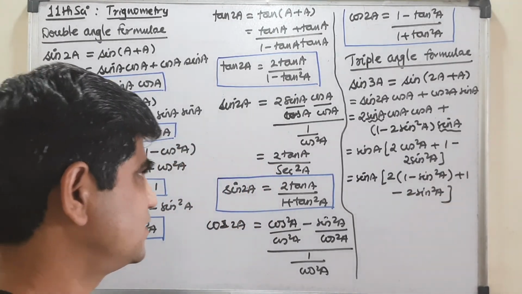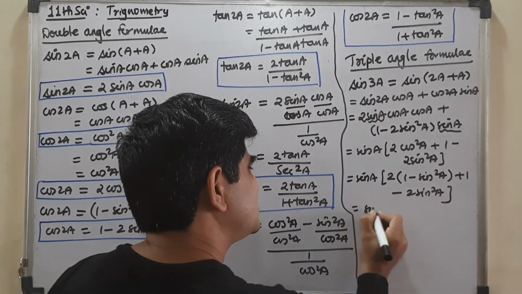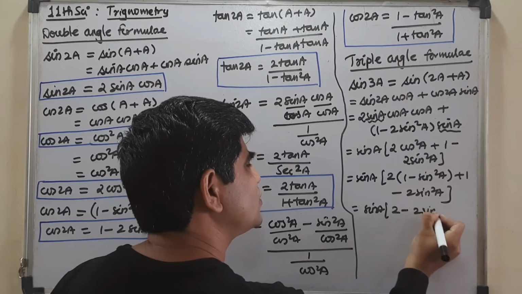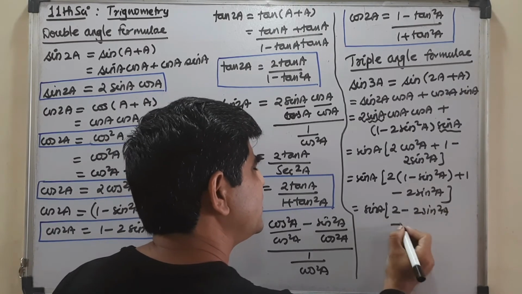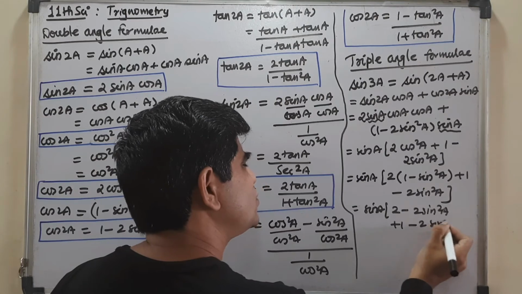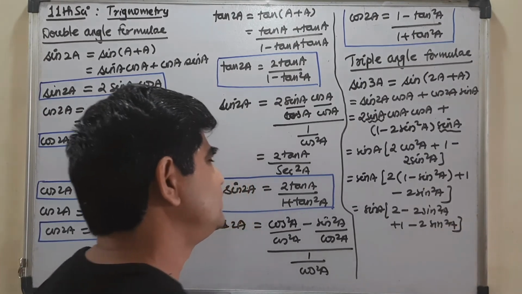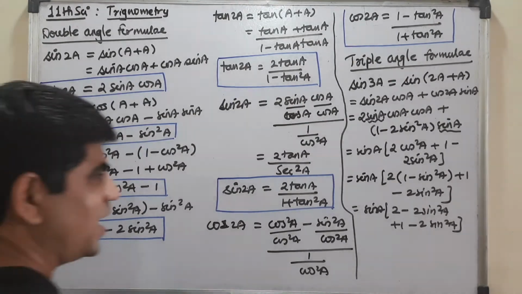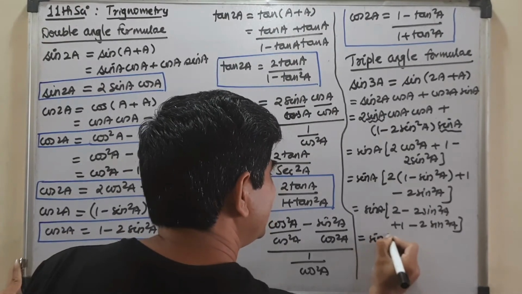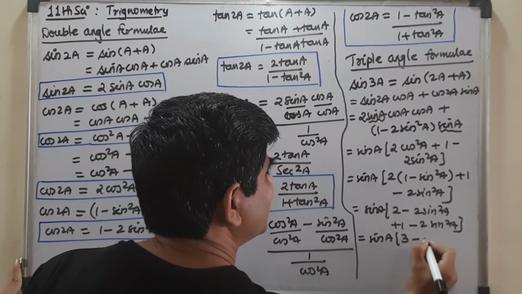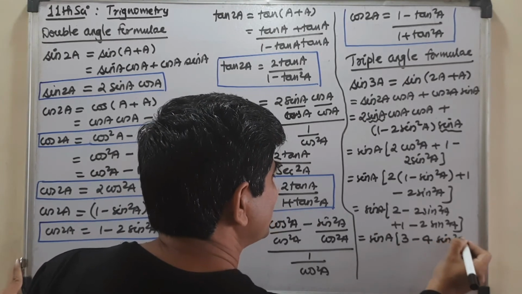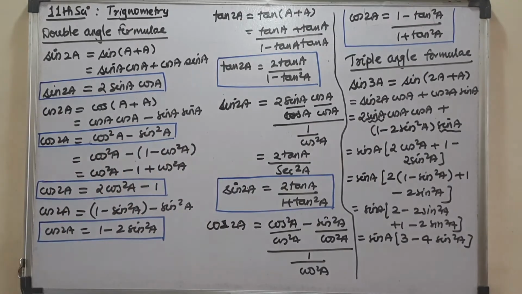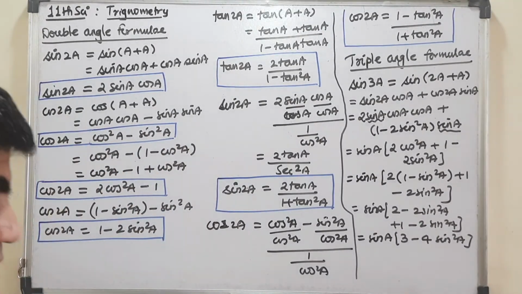So I get sin a bracket 2 minus 2 sin square a, plus 1 minus 2 sin square a. 2 plus 1 is 3. So I get sin a into bracket 3 minus 4 sin square a, because the sin terms are the same, addition takes place.